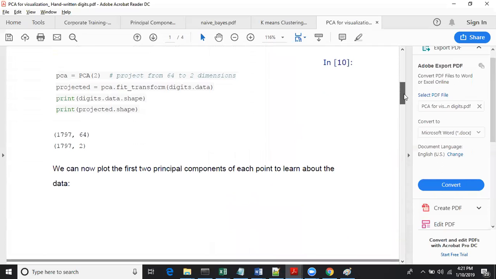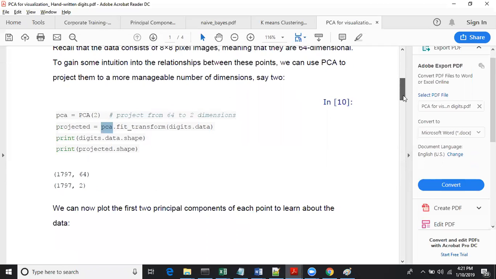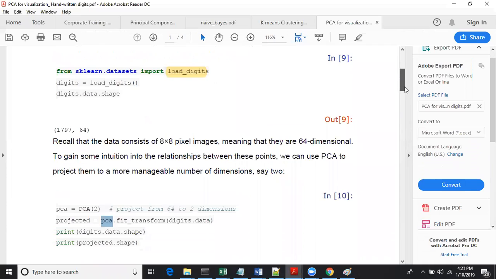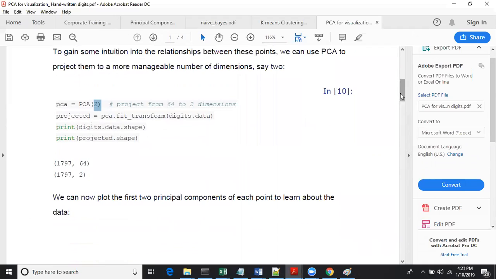So this is, if you see, projected is PCA. This is one algorithm, one line. After we import PCA, the program I will show you, then we can do PCA.fit_transform on the actual data. Because we specified that we need only 2 dimensions, it will automatically convert into 2 dimensions like this.